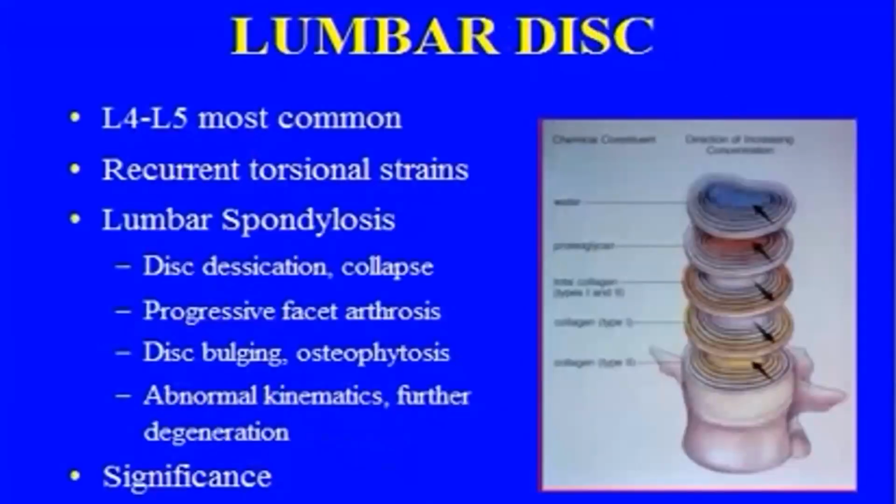L4-5 is the most common. The result that causes it is recurrent torsional strains, lumbar spondylosis.